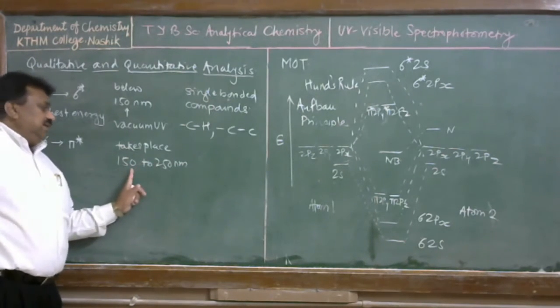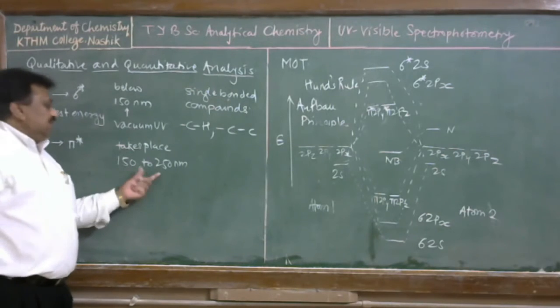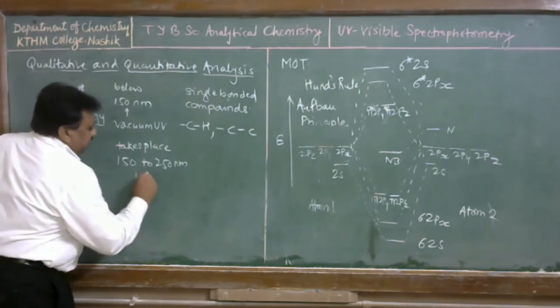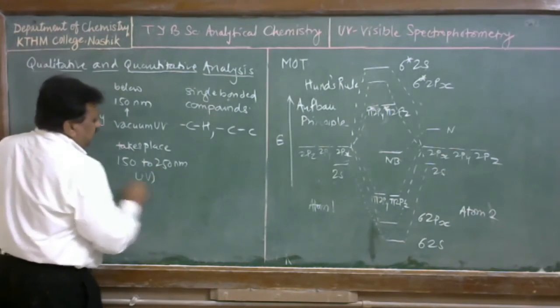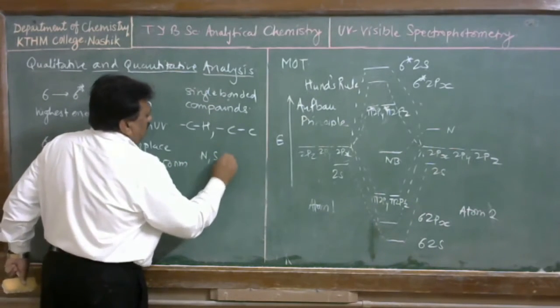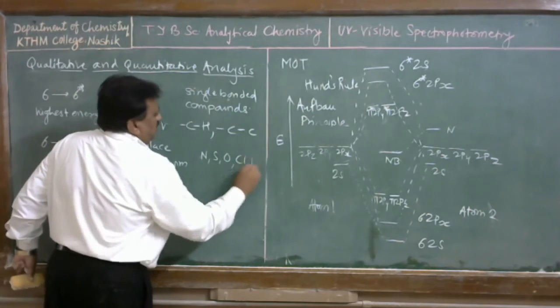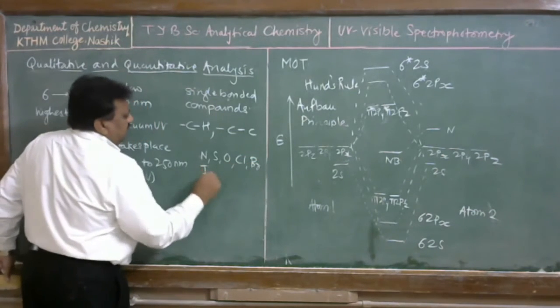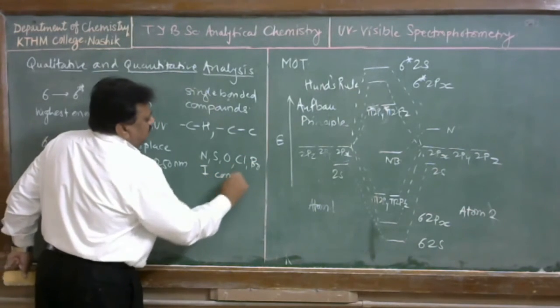That means it is also taking place in the ultraviolet region, and compounds containing nitrogen, sulfur, oxygen, chlorine, bromine and iodine show this type of transition.